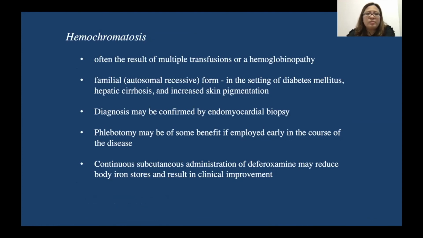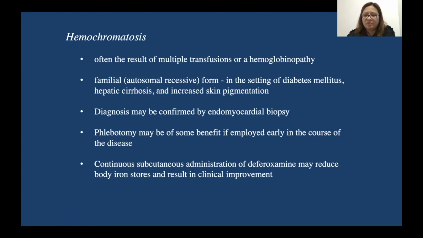Next is hemochromatosis. Hemochromatosis can also cause restrictive cardiomyopathy, which is often a result of multiple blood transfusions or in a patient with hemoglobinopathy. It is an autosomal recessive form in the setting of DM, hepatic cirrhosis, and increased skin pigmentation.